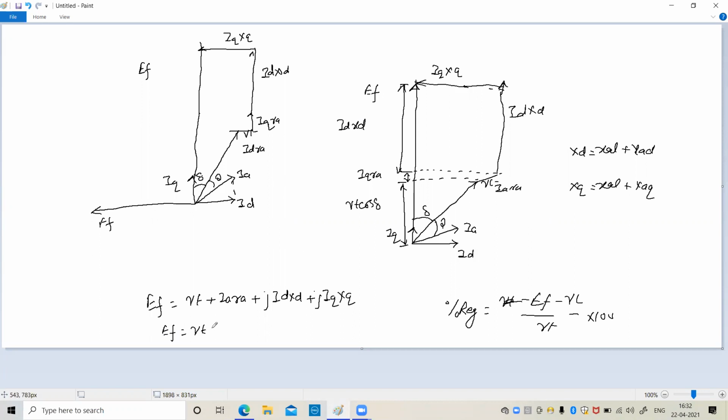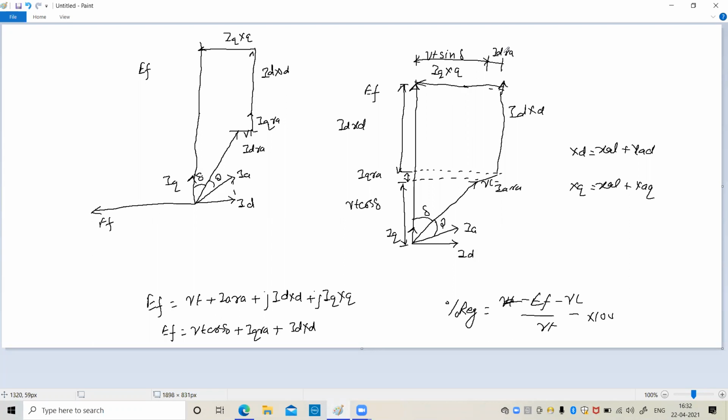It is VT cos delta plus IQRA plus IDXD. Now similarly, up to this one it is equal to VT sine delta, and this part is equal to IDRA.